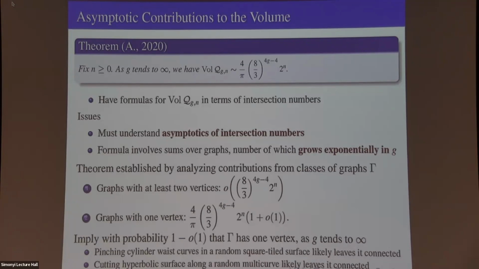So if I pinch along all my waist curves, I don't disconnect the surface. In terms of hyperbolic geometry, what that means is that if I take a random multicurve on my hyperbolic surface and cut along it, then my surface still remains connected. This is one of many testaments to the fact that large genus surfaces in hyperbolic geometry are extremely well connected. If I take a random geodesic, even one that has many components, it will leave the surface connected.